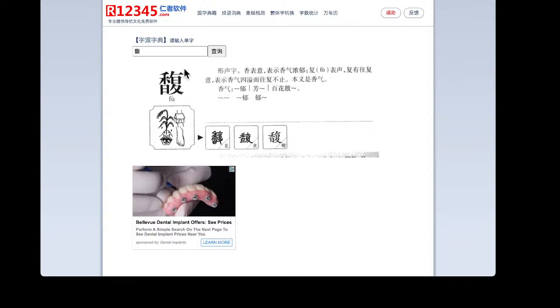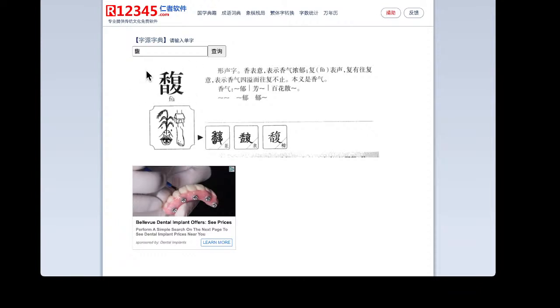And the 馥 has the meaning of repeat again, back and forth. So 香 and back and forth put together means emitting fragrance over and over again. That means it's a very good smell all the time. So this is 馥.